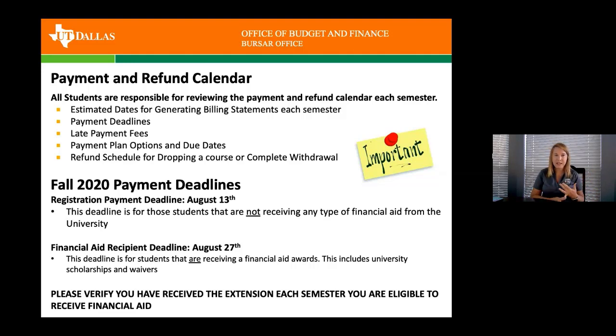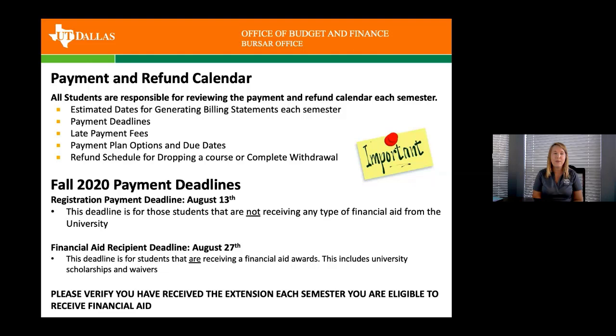So you're going to see the estimated dates for generating the bills. You're going to see the payment deadlines. You're going to see late fees if you don't pay. You're going to see how much those late fees are, and what days those will begin being charged. You're going to see payment plan options. So if you are going to take out a payment plan, a short-term loan or installment, which I'll go over here in a few minutes as well, you'll see information about that and the due dates for those.